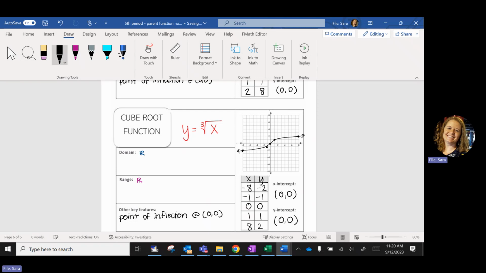But there's no vertex, there's no max or min, there's no line of symmetry, there's no asymptote, nothing else about those for other key features.